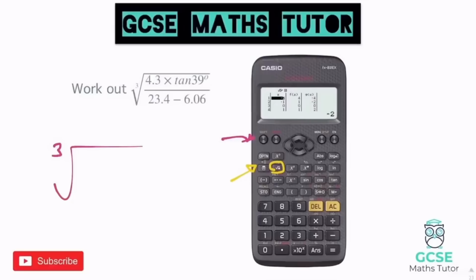So on the top of that fraction, we're going to just type in 4.3 multiplied by, press your tan button, and then press 39, and normally this will go in a bracket, so remember to close the bracket off there. But you don't put this little degrees symbol in, you just put 39, the calculator knows that you're talking about degrees. So let's get that up on my calculator.